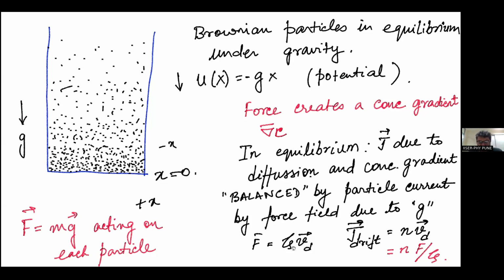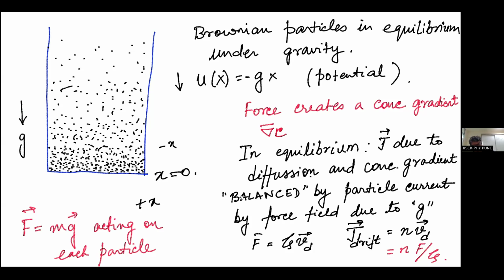Since there's a force acting, each of the particles would like to go down, and the force acting on each particle is zeta times V_d, where V_d is the drift velocity. If it's moving in a certain direction, the frictional force is zeta V_d, right? On average, there's a drift velocity. Some are moving up, some are moving down.